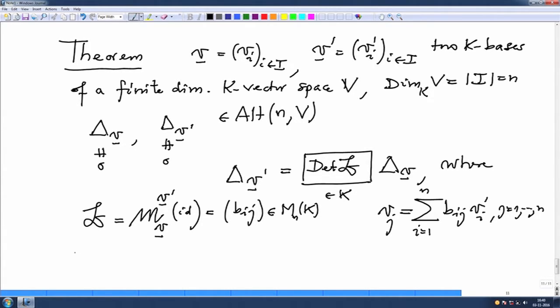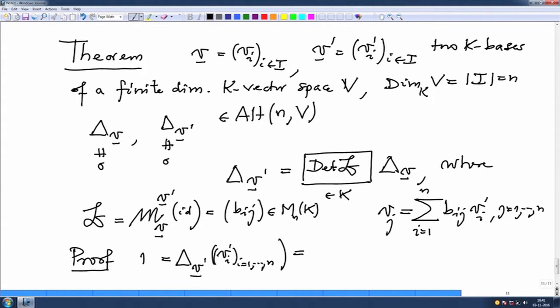This is very easy. The proof is just one line. You just have to evaluate both sides. These are both alternating maps, and they are uniquely determined by the basis values. We know that delta V prime evaluated at Vi prime, i from 1 to n, is 1. That is how this is a determinant function corresponding to this basis.